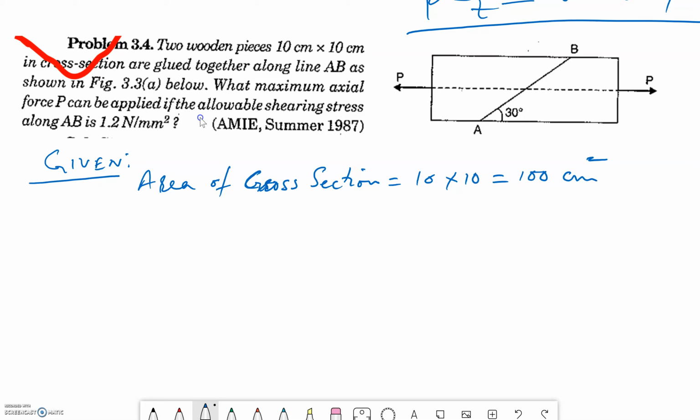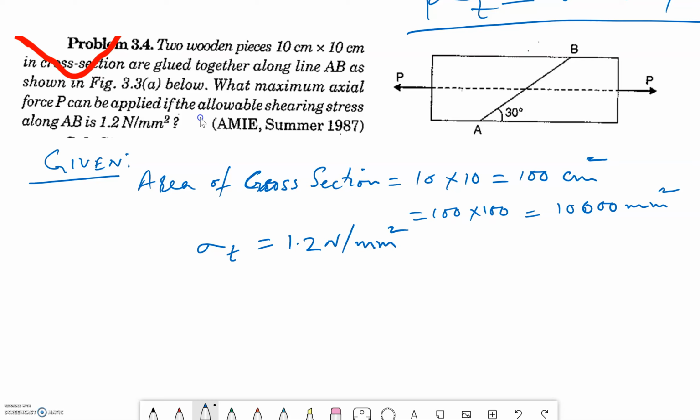Now converting this into mm, it becomes 100 times 100, or 10,000 mm square, so that our answer will be in Newton per mm square. Now he has given you the maximum allowable shear stress. So he's given you sigma t as 1.2 Newton per mm square.